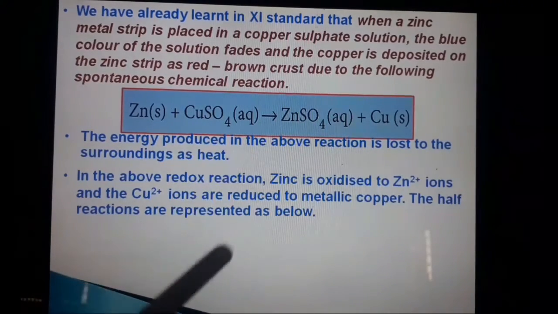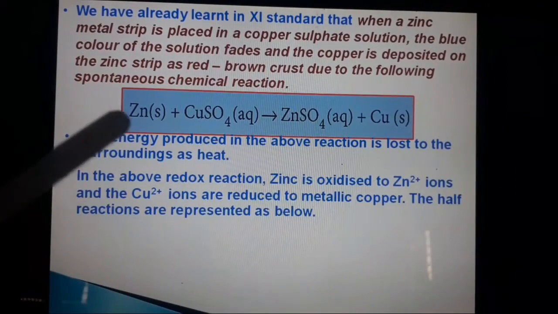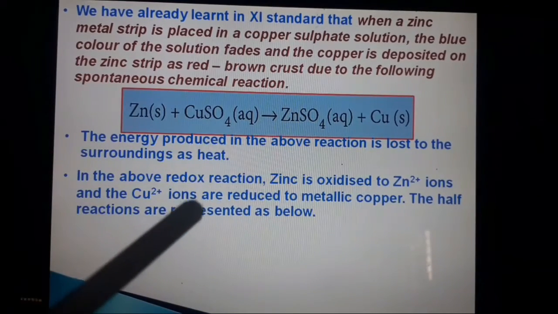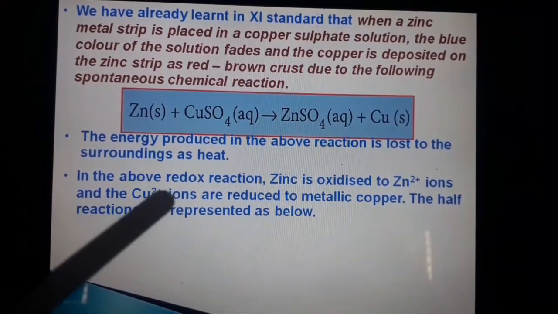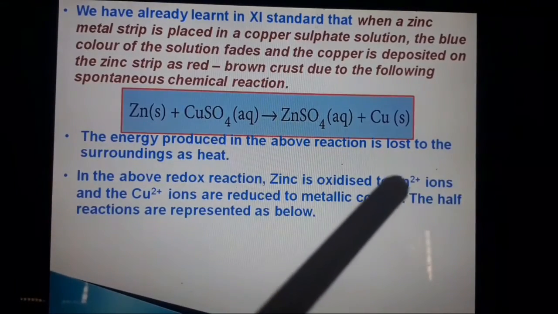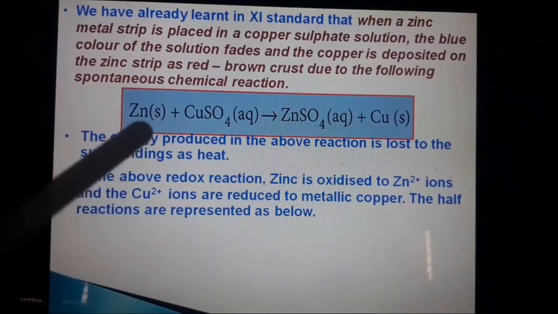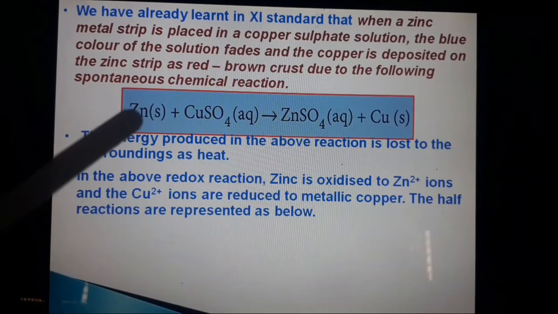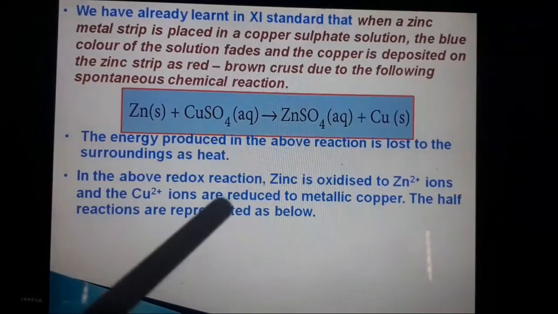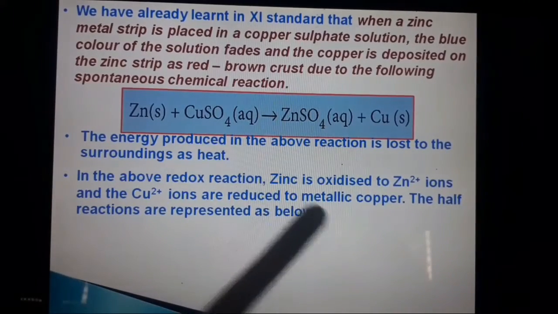Okay, next, the above is a redox reaction because one is oxidation and another is reduction. In the redox reaction, zinc is oxidized to zinc 2 plus ion because zinc loses 2 electrons, and copper 2 plus ion accepts those 2 electrons to become metallic copper.